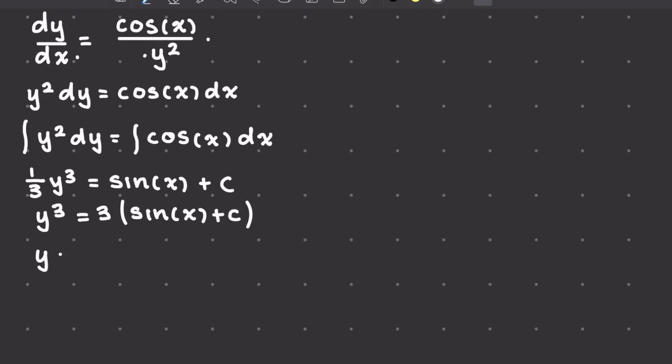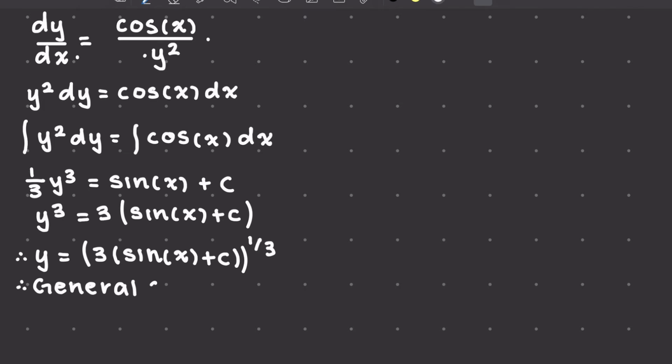We just need to cube root both sides, which makes the right side 3 times sine of x plus c, to the power of 1/3. And this is how you solve the first example. And one more thing, this solution is called a general solution. Why is that? Because there is no initial value given, so you call this a general solution.